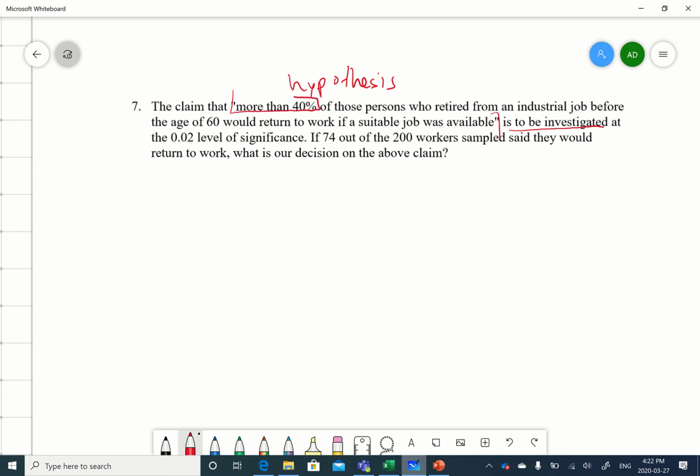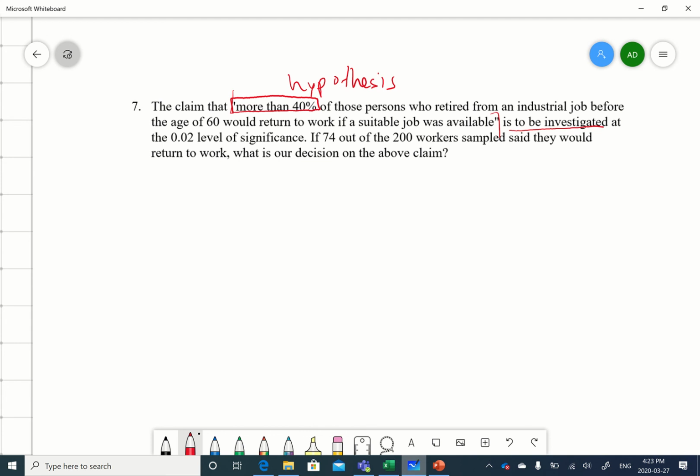Here we are talking about a different parameter. It's very important you identify that, because we have 2 parameters going on. One is population mean, the other is population proportion. Based on the information given, you can easily figure it out. For a question about population mean, you always have the standard deviation.